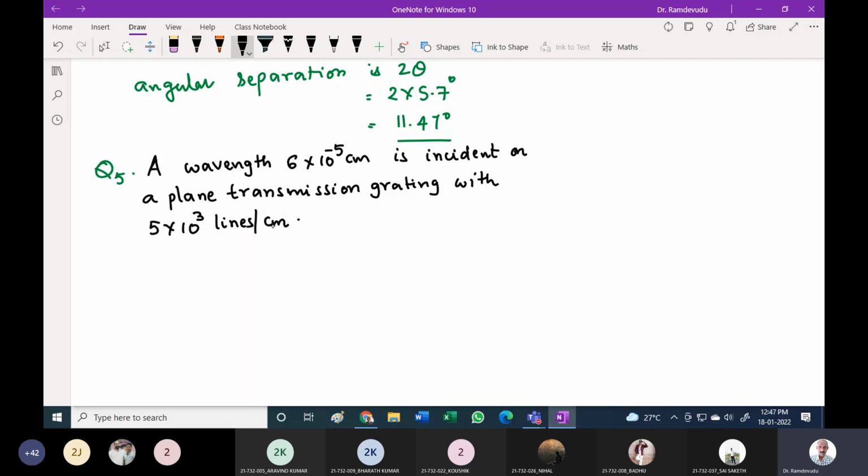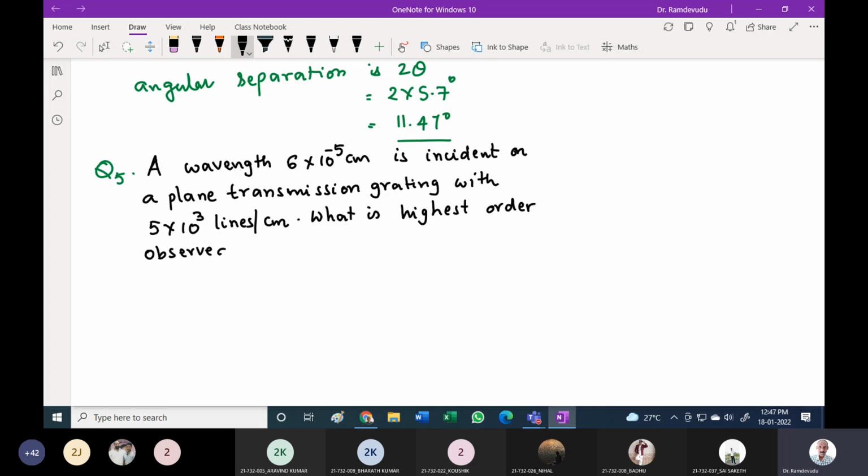Then what is the highest order that can be observed? You have done this type of problem already.